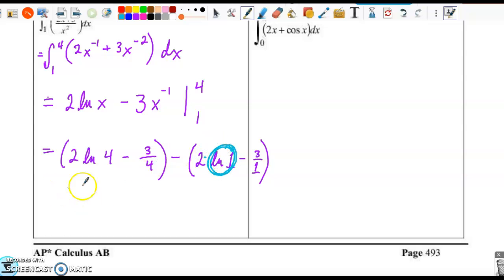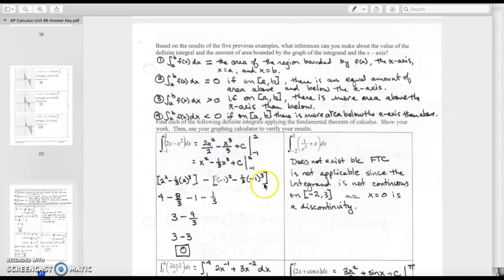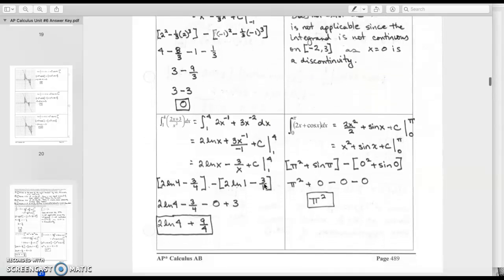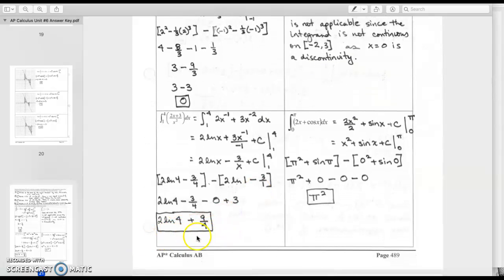So really what our answer is, if you want the exact answer, would be 2 natural log of 4 minus negative 3/4 plus 3, which if you had the same denominator would be 12/4. So negative 3 plus 12/4 would make that plus 9/4. And it's only natural log of 4. So if you want to move that 9/4 in front because it's commutative, that would probably be fine as well. Which is exactly what this author wrote.